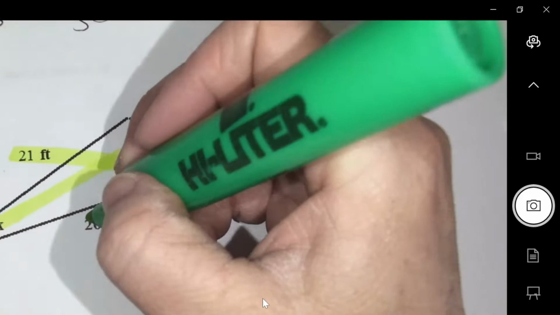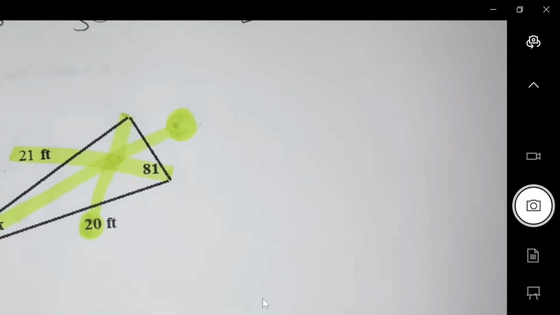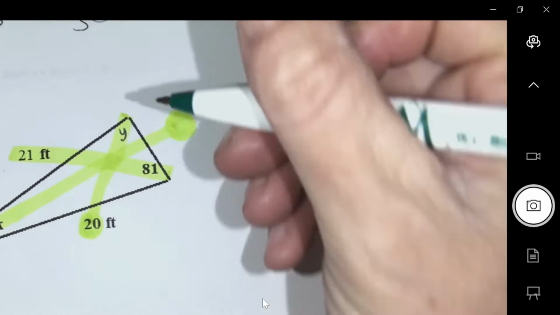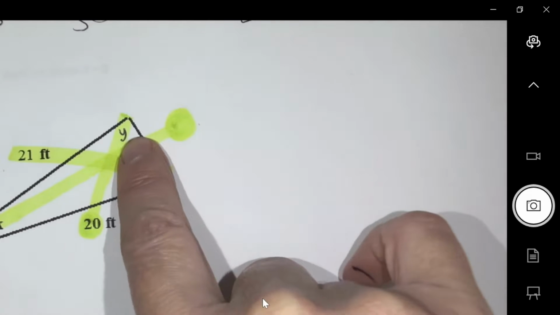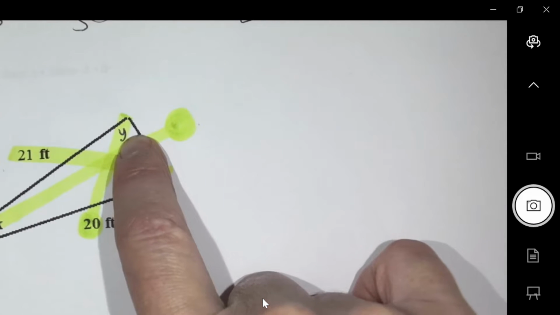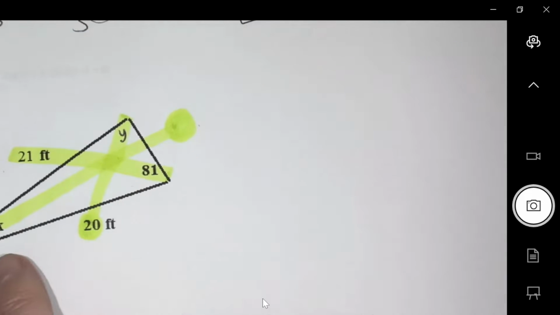So what I'm going to do is pair 20 up with, I'm going to call it y. Now can you look ahead to what I'm going to do? Once I get y, what do you think I'm going to do? A whole triangle will make 180, and then I can figure out x.